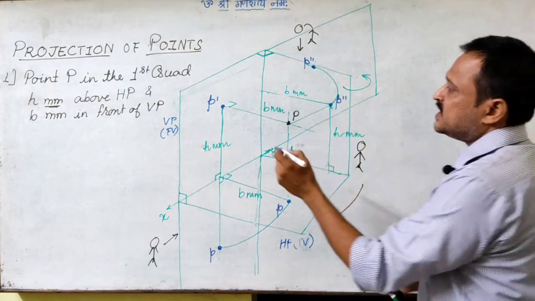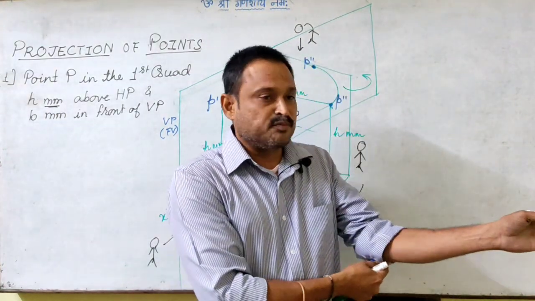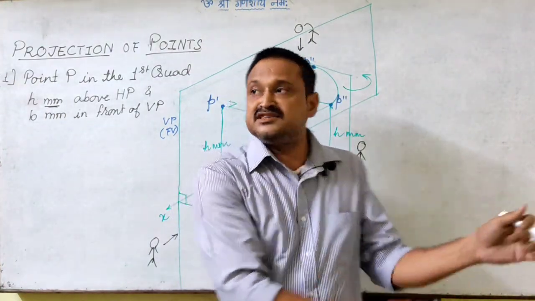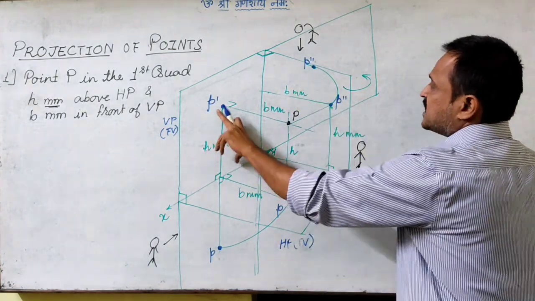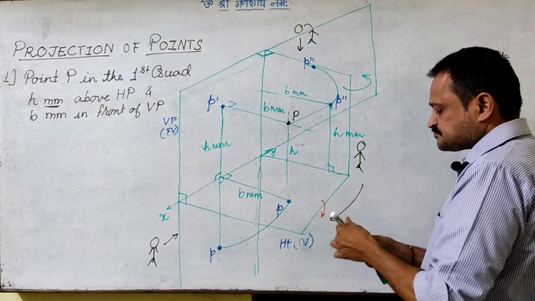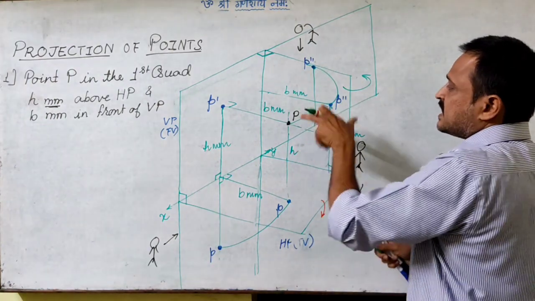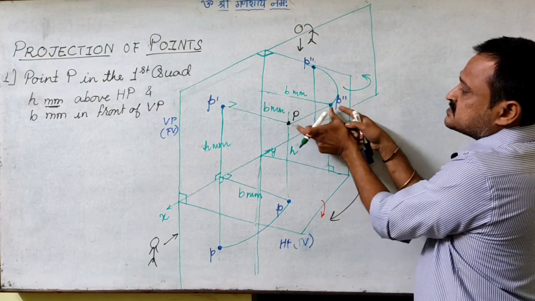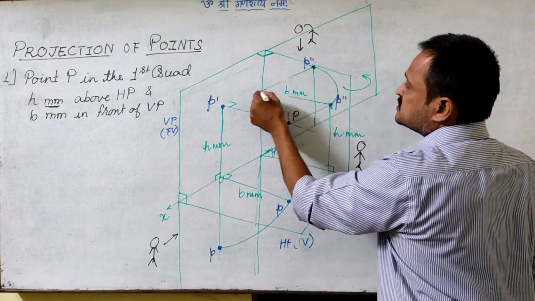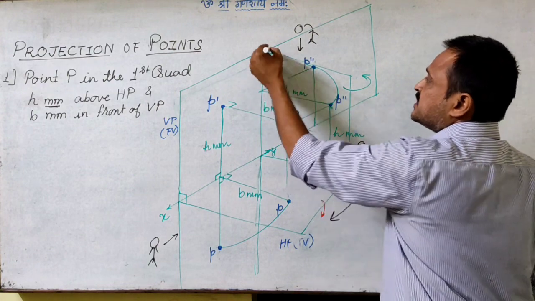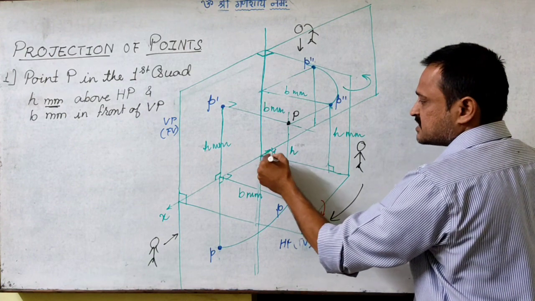When I am rotating this and opening it, the height of this image is not going to change. It is the same height h which is getting transferred, right? And this is the b distance which is getting turned. So this is the distance from the vertical plane, and we have seen that there will be another intersection line.